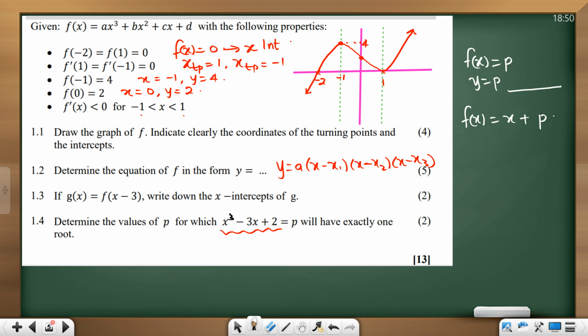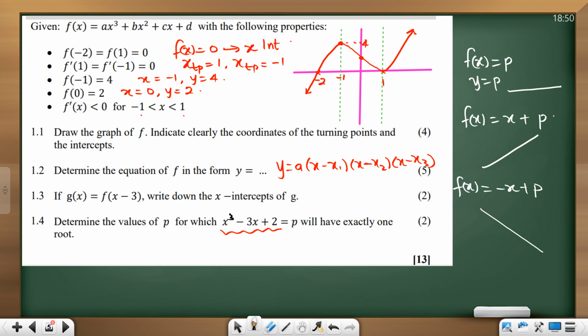This is not a horizontal line. This is mx plus c. This line is like this. The examiner gives you f(x) equals negative x plus p. This line. Let's first understand.